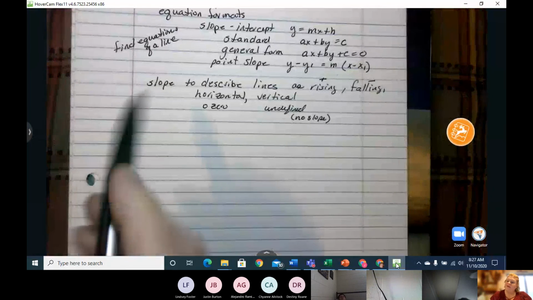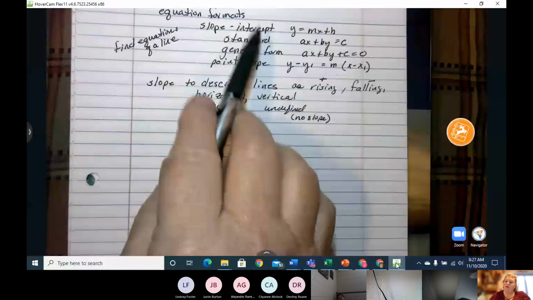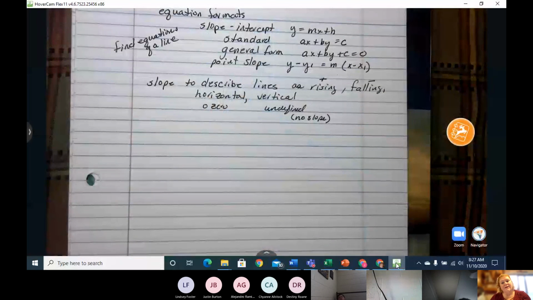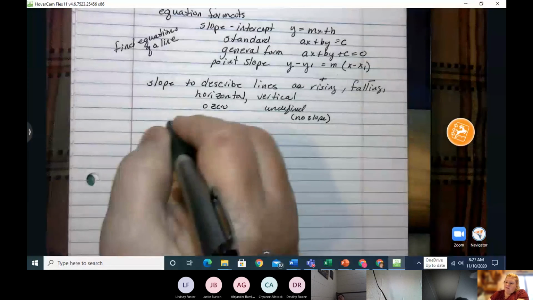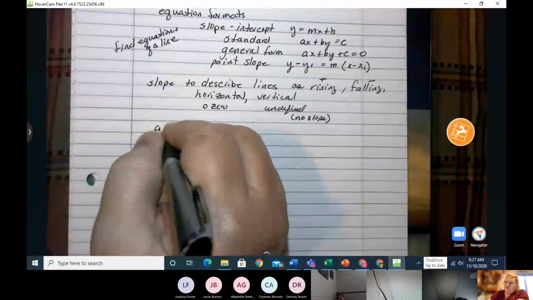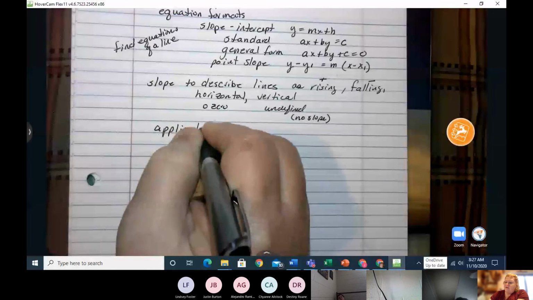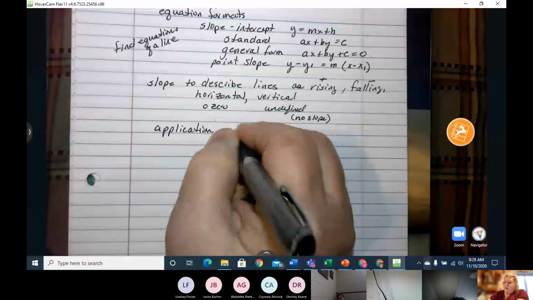You may be given various information, but then you want to be able to write the equation of a line. So those are skills that you would want to be able to do for the test. And then you want to be able to use all of this information in an application problem.